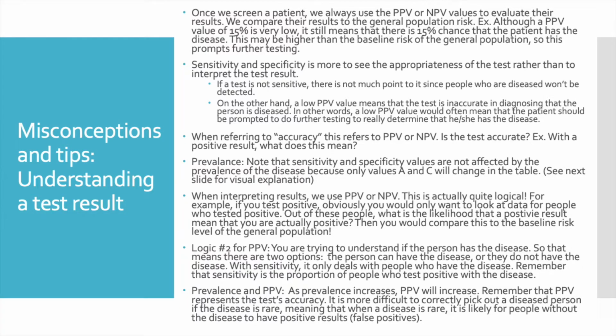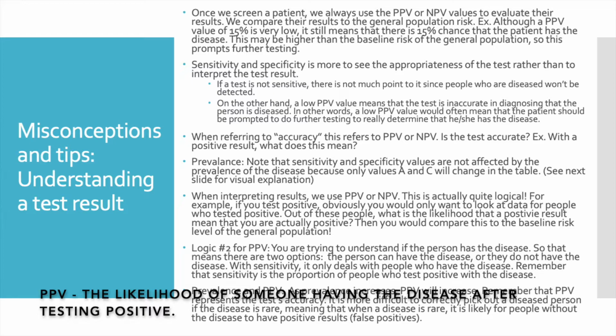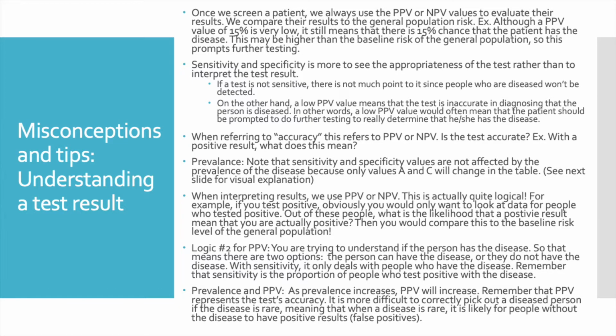With this definition, we can modify it and say that it represents the likelihood of someone having the disease after testing positive. So even if there's a low PPV value, if this PPV value is still higher than the general population, say 1%, that means this patient's risk of having that disease is 15% compared to the 1% that he or she had before.